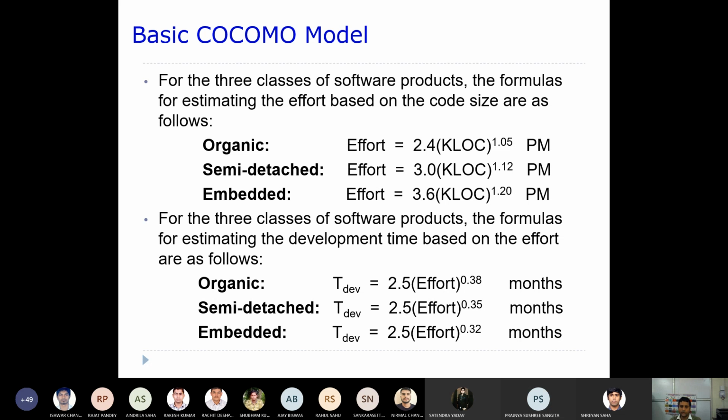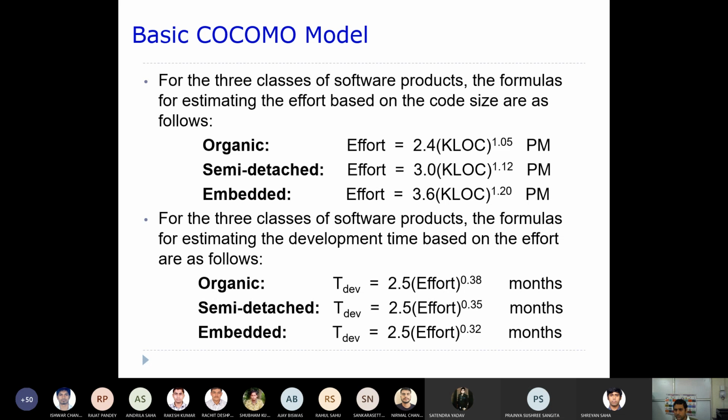Now for your development time, the slope is 0.38. So the effort is increasing superlinearly, whereas the development time is not that much superlinear, but still it is a linear increase.